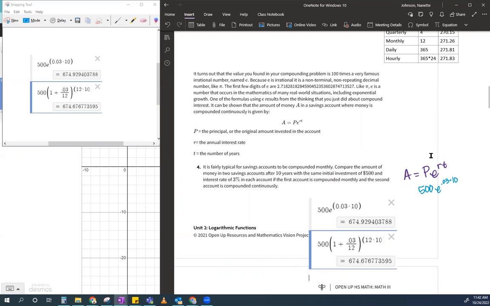What word told me to do this here? Yeah, this says monthly. Nice. What word told me to use this one? Yeah, continuously. Very good. Okay, so make sure you are clear on those two.